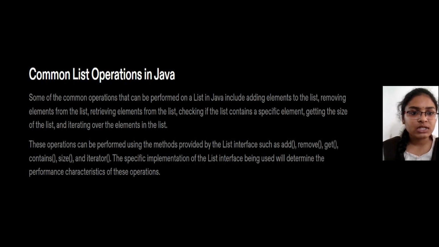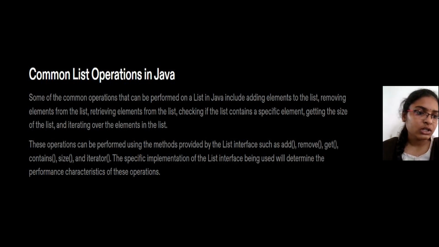These operations can be performed using methods provided by the list interface, such as add, remove, get, contains, size, iterator, etc. The specific implementation of the list interface being used will determine the performance characteristics of these operations.